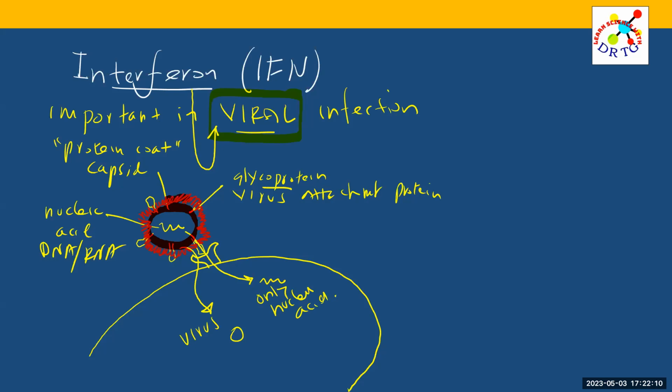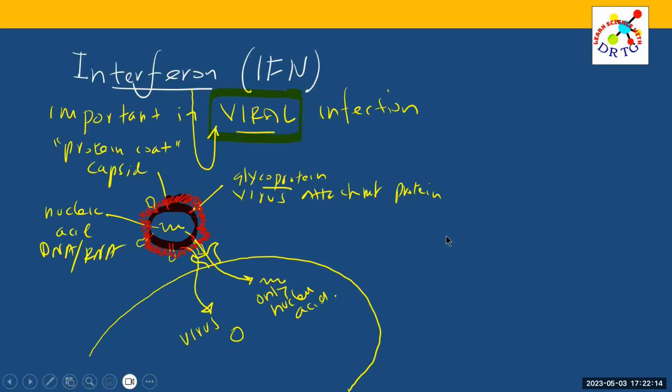So we have learned virus can, we don't use the word reproduce. We don't use reproduce, we use replicate. You can understand why we use replicate, because it's not a living thing. Living thing can reproduce.